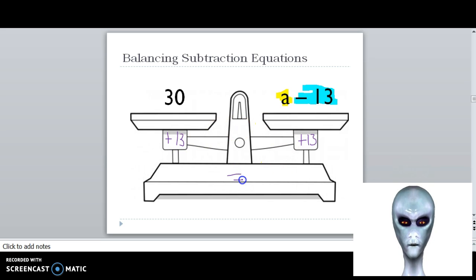So I'm left with a is equal to 30 plus 13, which is 43. Or I can look at it as 30 is equal to 43 minus 13.